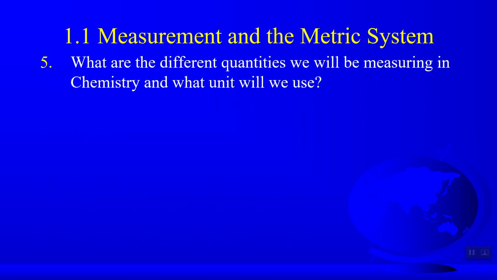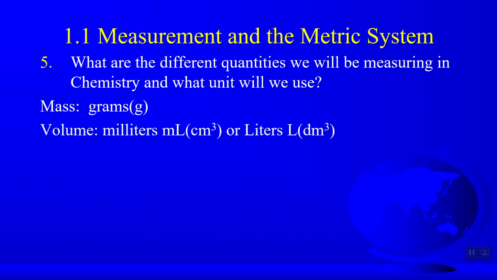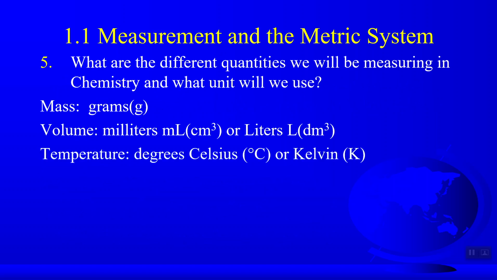What are the different quantities we will be measuring in chemistry, and what unit will we use? Here we go. Mass, grams. Symbol, g. Volume, milliliters or cubic centimeters, same thing. Liters or cubic decimeters, same thing. Temperature is going to be Celsius, that's in metric.